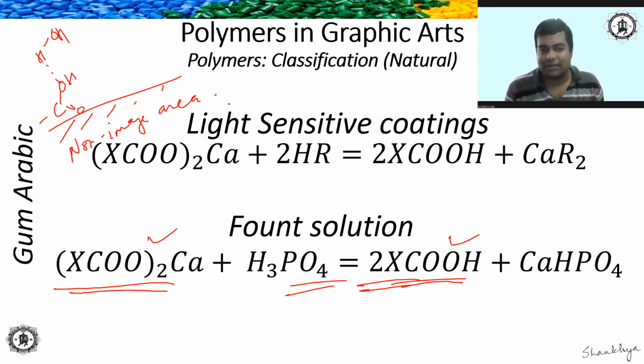Keeping a uniform layer or film of water on top of the non-image area is very important. Why? Because if there is a lack of water or fountain solution in the non-image area, then ink is likely to get into the non-image area and it will lead to a scumming problem.